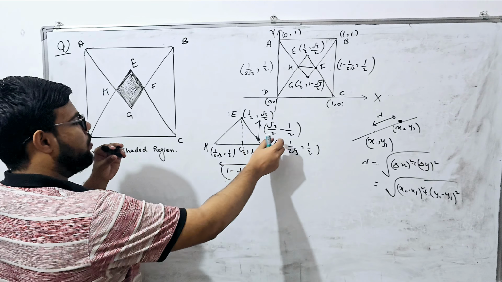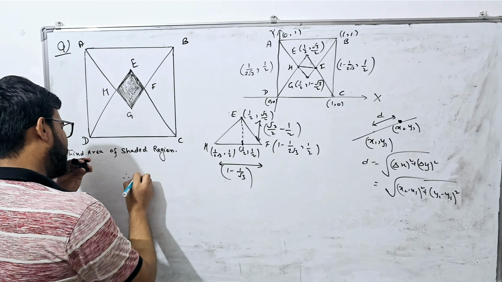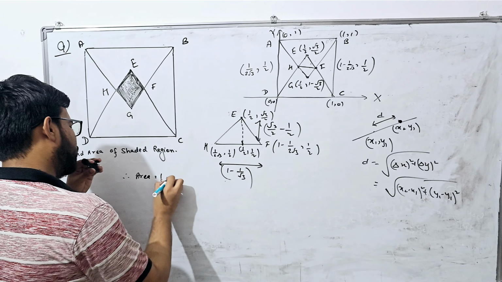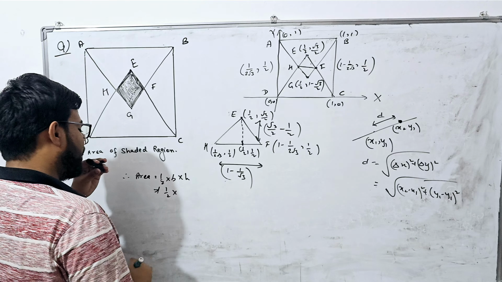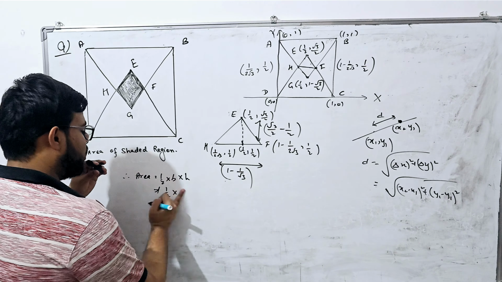Okay. So now we have the base, we have the height, hence the area of the triangle is equal to half into base into height, which is equal to half into... and one more thing.